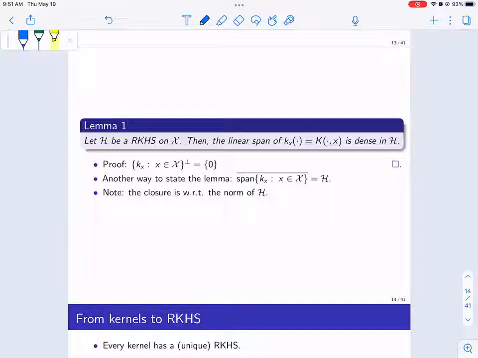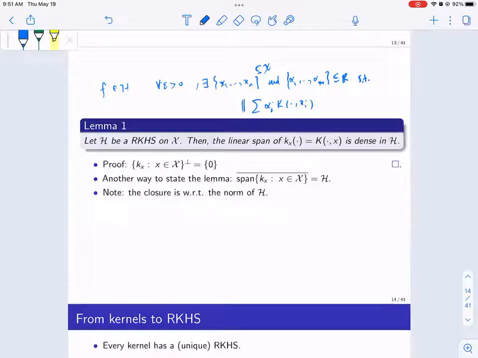So if I have f in H, then for every epsilon bigger than 0, there exist x_1 up to x_n for some n, and alpha_1 up to alpha_n, with the x_i in X and the alpha_i in R, such that the norm of the sum of alpha_i k_{x_i} minus f, in Hilbert norm, is less than epsilon. Okay, but I might have to change these points and these coefficients if I change epsilon and keep f unchanged.